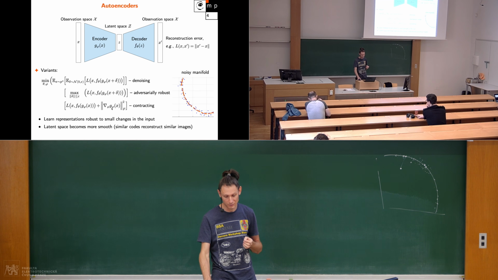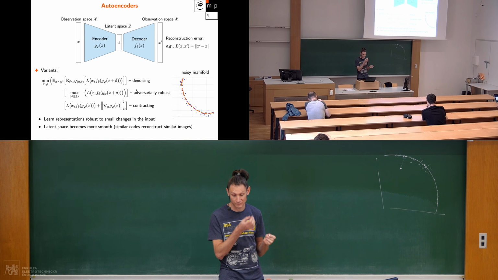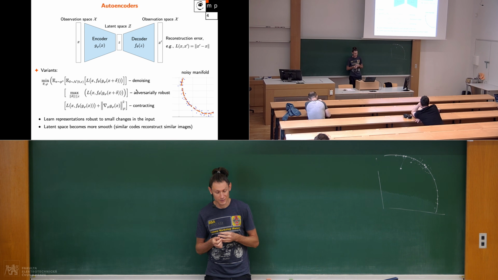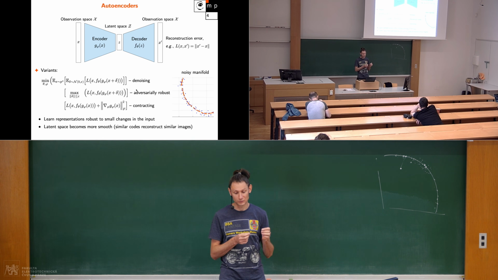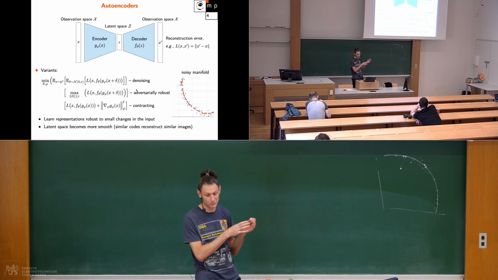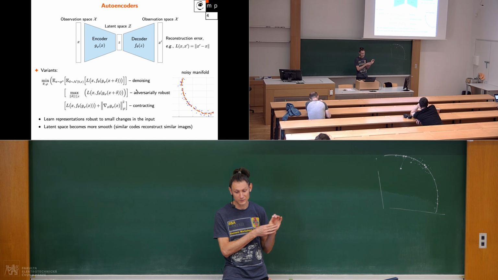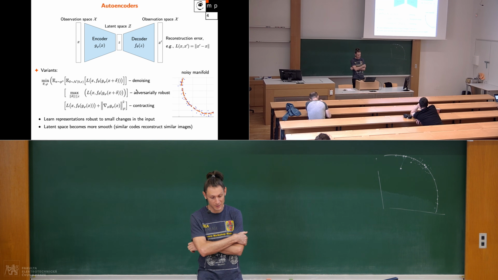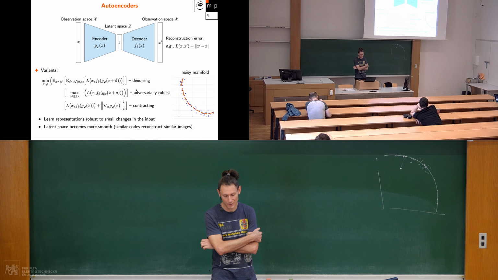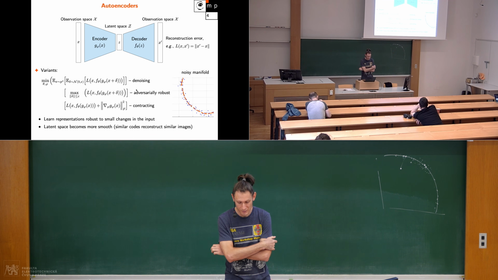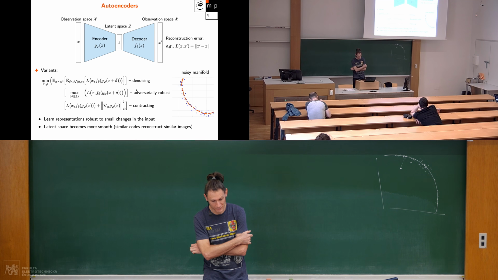All of these three variants are going towards a similar goal: representations should be robust to noise and to small changes around the input data points. That's a desirable property, and you could enforce it by changing the formulation a little bit.